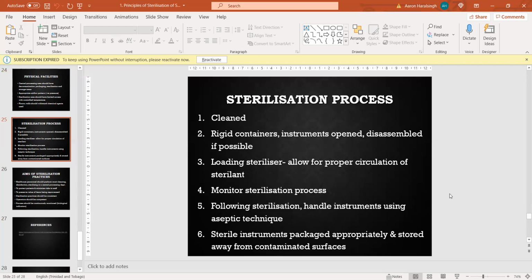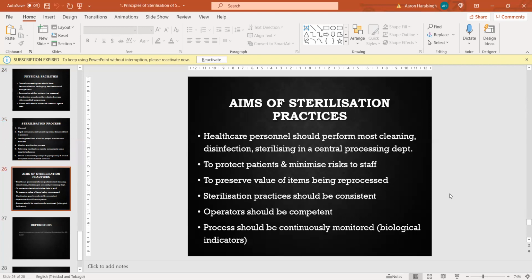The sterilization process should then be monitored, and then following sterilization, the instruments should be handled using an aseptic technique, and the sterile instruments should be packaged appropriately and stored away from contaminated surfaces.